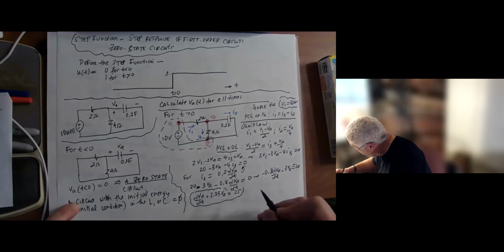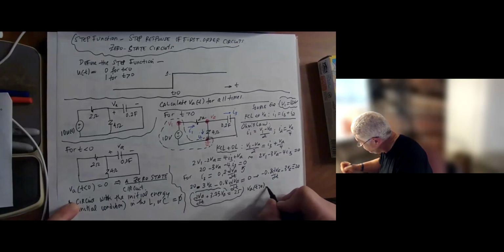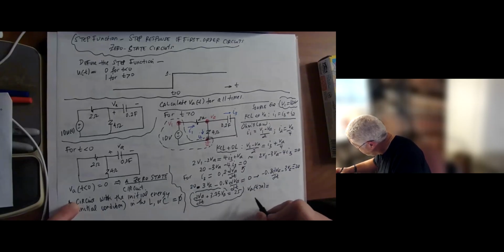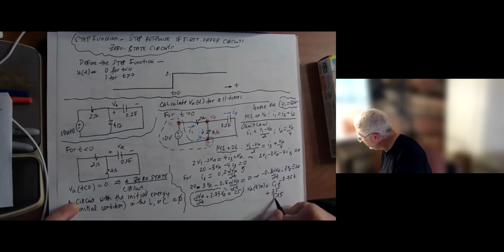So we know now that VA for t greater than 0 is equal to C1 e to the minus 3.75t plus 25 over 3.75.